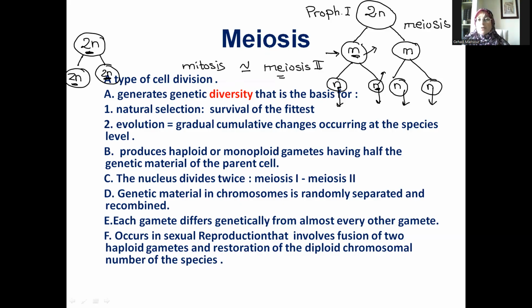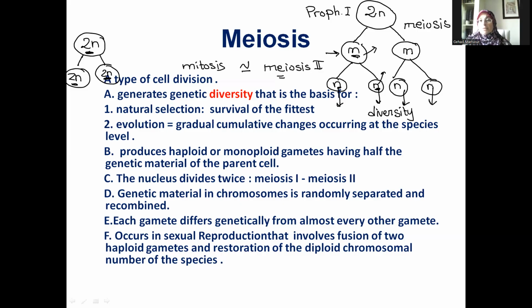But in meiosis, the four daughter cells are different, and this results in diversity of living organisms, because each and every one of these daughter cells, when they survive, will be responsible for making half the chromosomal number of the resulting zygote that will be an individual at the end of the day.